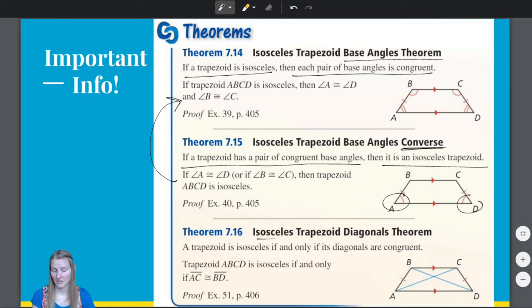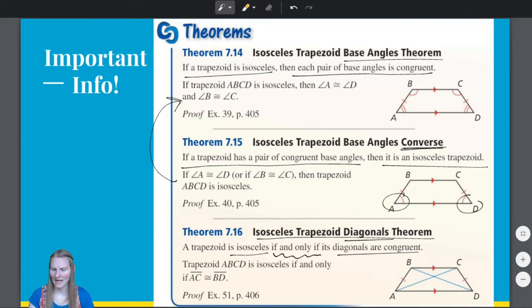And the isosceles trapezoid diagonals theorem, a trapezoid is isosceles if and only if its diagonals are congruent. So this is like our rectangle diagonals theorem. If the diagonals are congruent, then I have an isosceles trapezoid, and if I have an isosceles trapezoid, then the diagonals are congruent. This goes both ways.